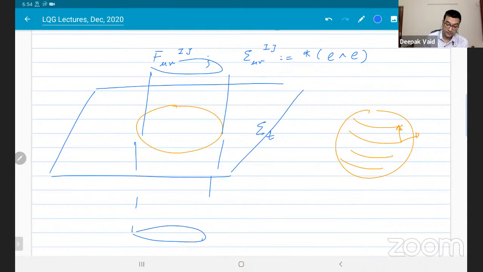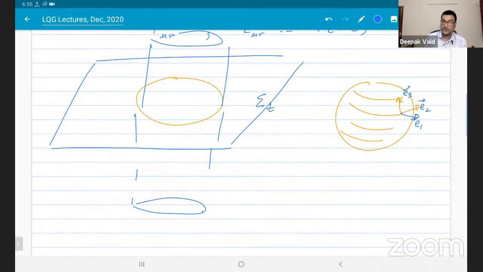It's just like you take a ball and put spherical coordinates and consider the radial vector field and the angular vector fields, r, theta, and phi.